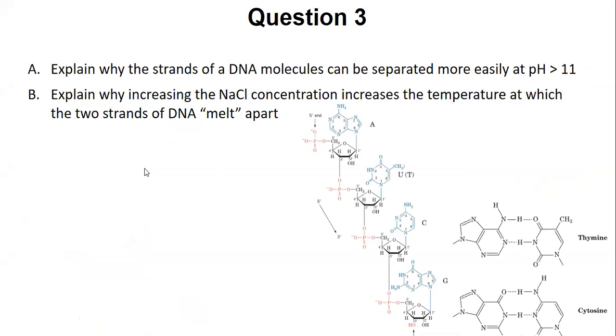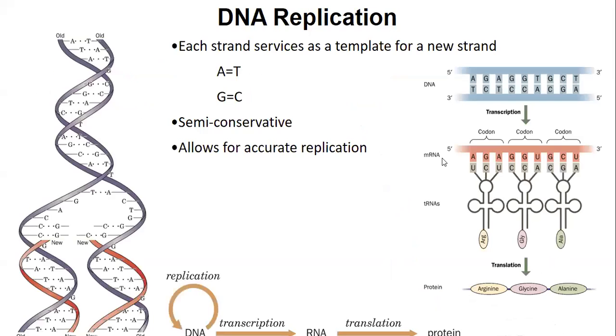And then we talked a little bit about the biochemistry behind our double-stranded DNA, why they can be separated at basic pHs, and why increasing salt concentration will make DNA harder to melt. Last thing we just need to talk about for DNA for this slideshow, and then we'll go on to the next one, is just how DNA replicates. And it's just going to be a very quick overview.